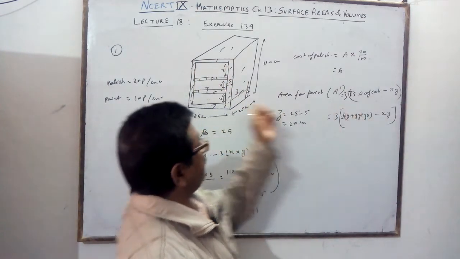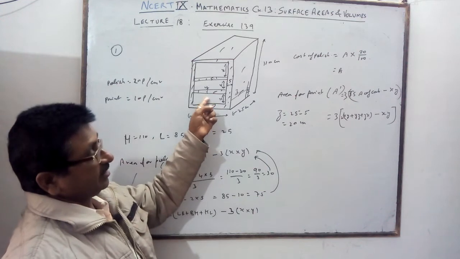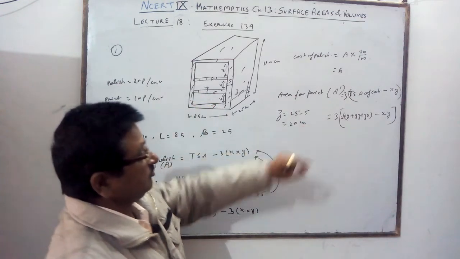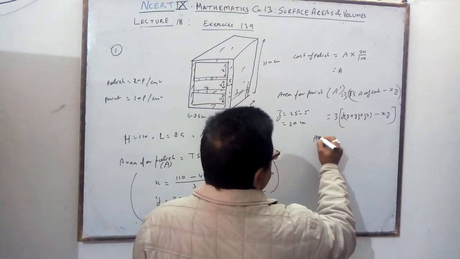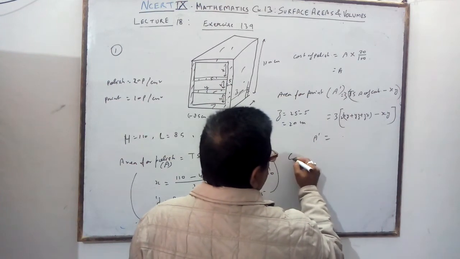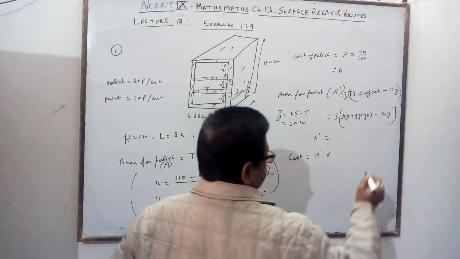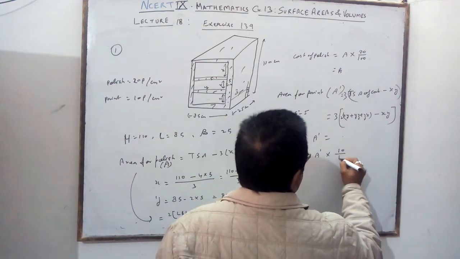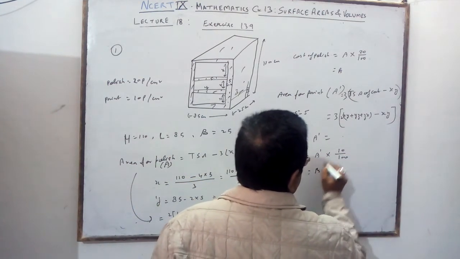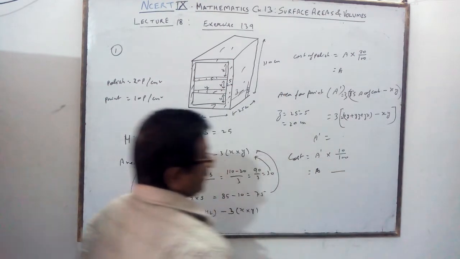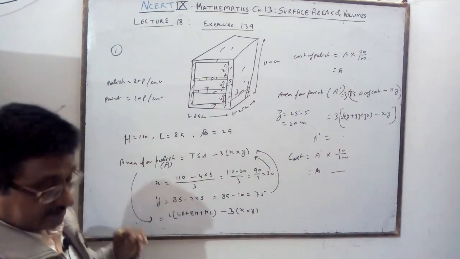You will get the 1 cabinet area for paint and multiply by 3, you will get the total. So A dash you will get here. The cost of A dash will be A dash multiplied by 10 upon 100. You will get the rupees, your answer. Directly you will get the answer of this.